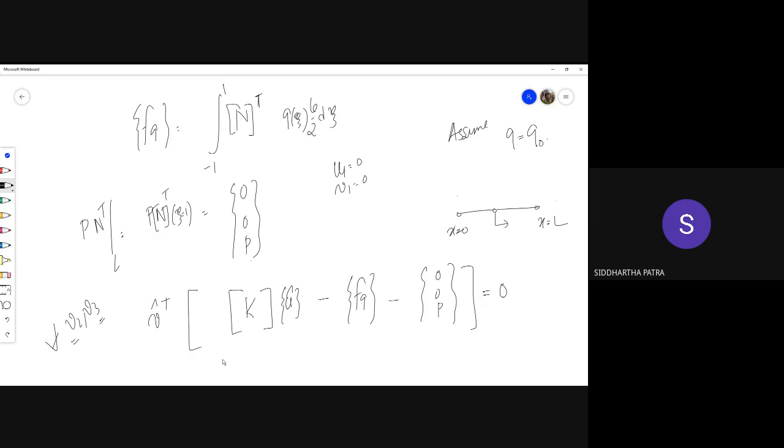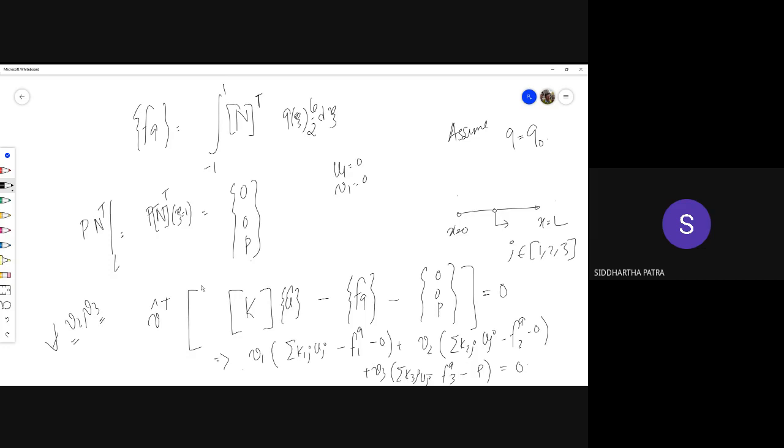This again is a dot product, which basically means V1 times summation over K1j uj minus FQ1 minus 0, plus V2 times summation over K2j uj, j goes from 1 to 3, minus FQ2 minus 0, and then in the end V3 times summation over K3j uj minus FQ3 minus P equals 0.